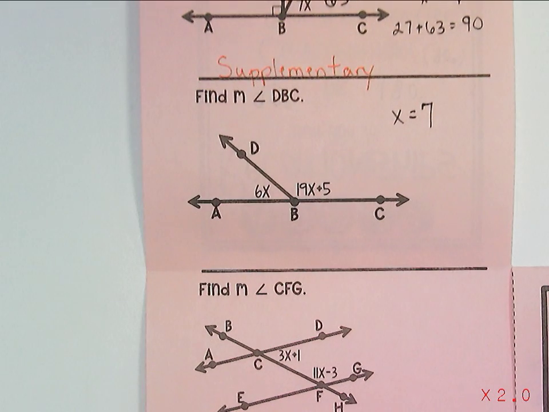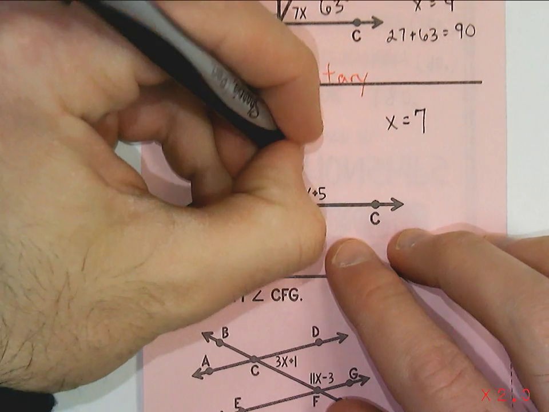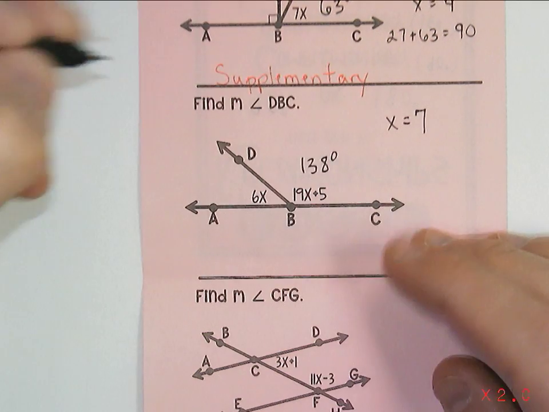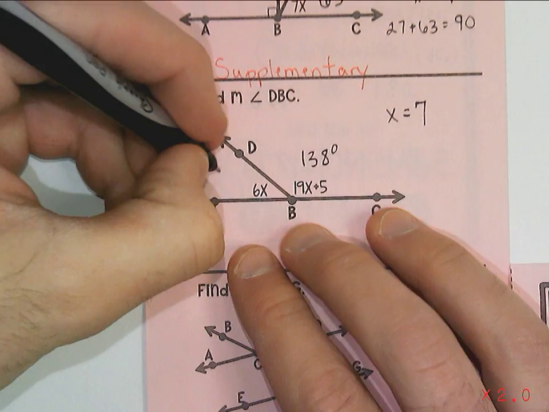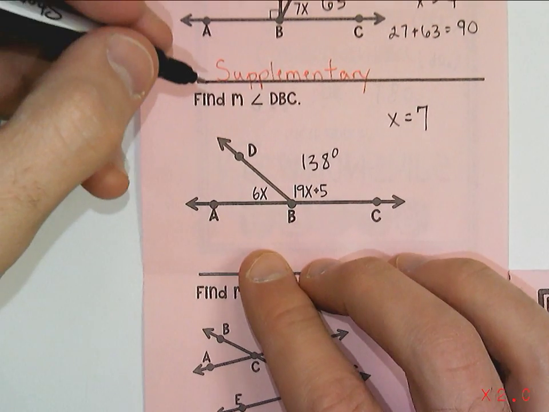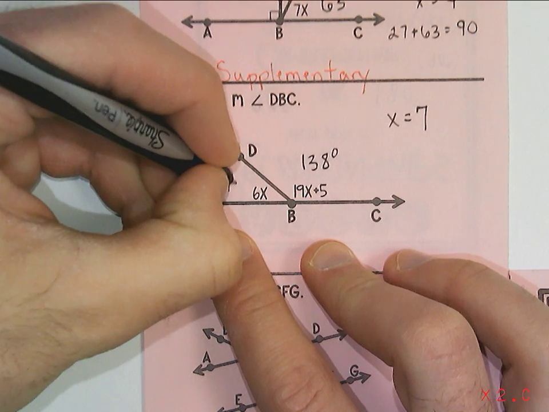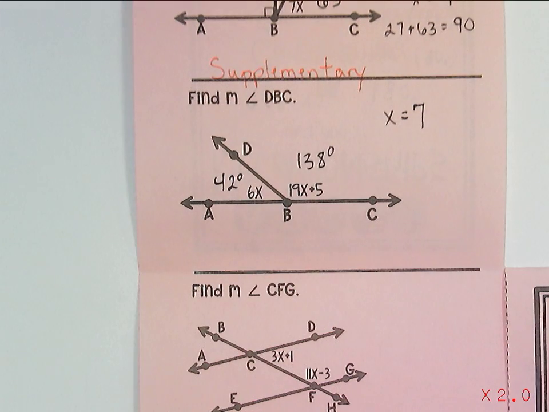And if we plug those into each of those angles, 19 times 7 plus 5 is 138 degrees for this angle. And 7 times 6, 42, sorry, 42 degrees here. 138 plus 42 is 180, so that works out there.